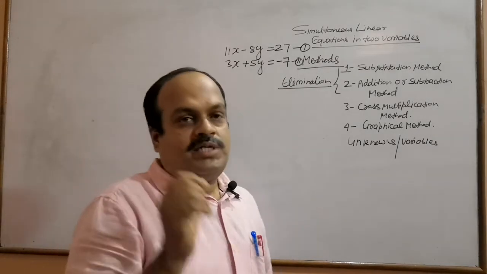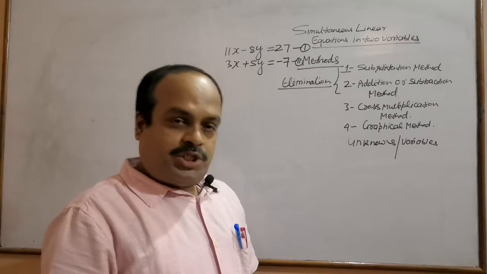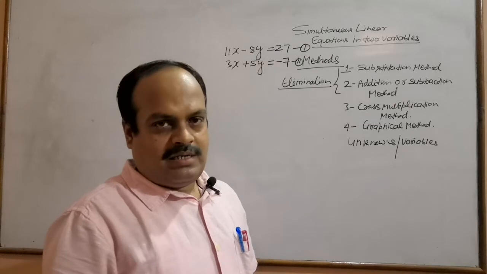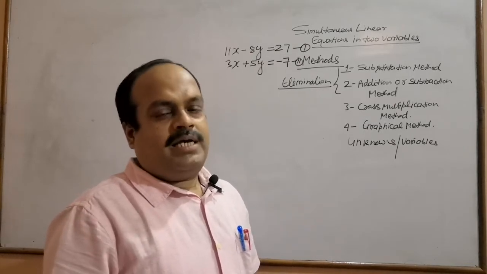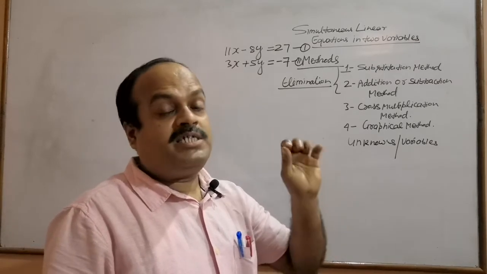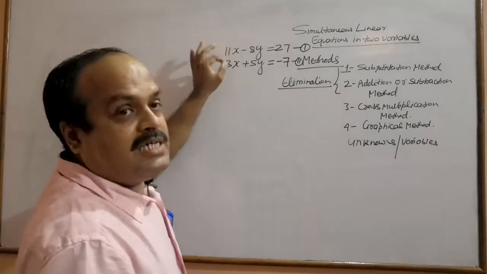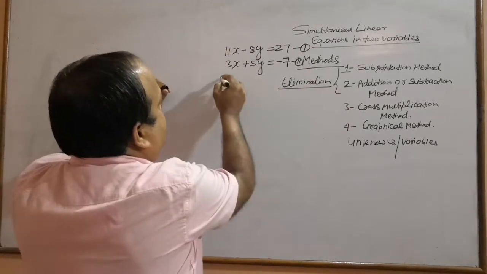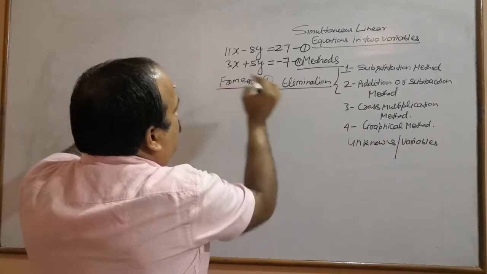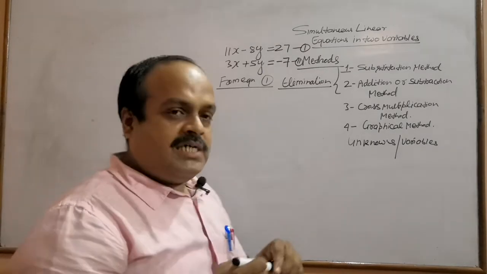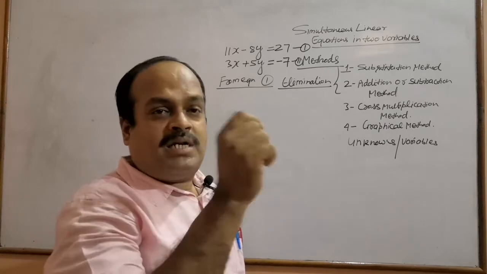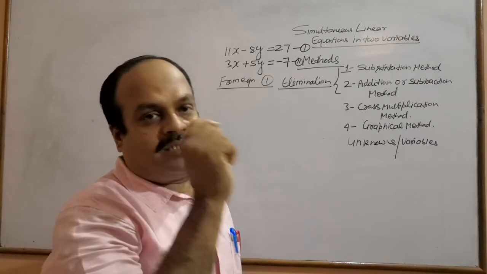So what we do in the substitution method, to eliminate one of the variables, is we take an equation, as I take equation number 1, and then we make one of the variables the subject.